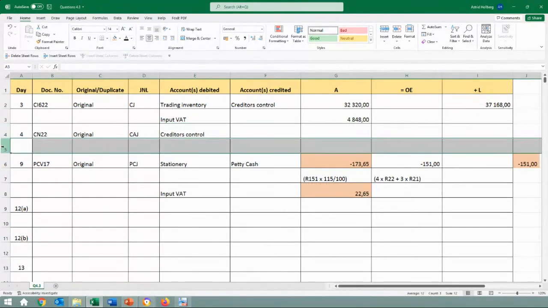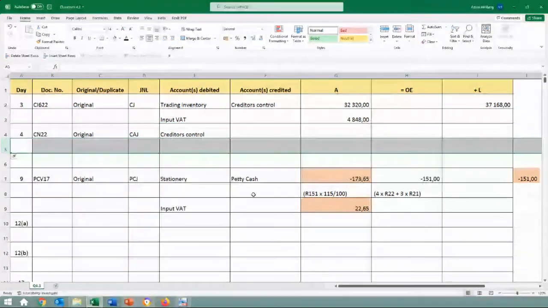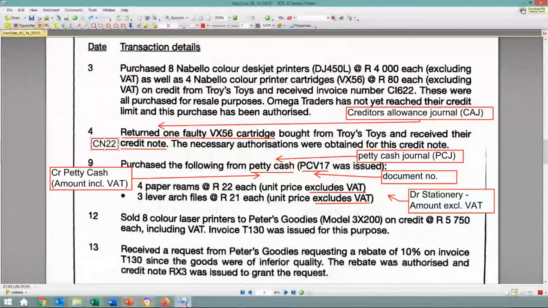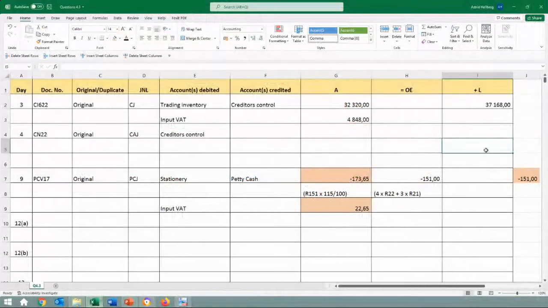Going to add a line here so we can do the calculation for you guys. Okay, so let's quickly see what the information was again. Let me just open the PDF. Okay, so we returned one faulty cartridge, and the cartridge was 80 Rand each, excluding VAT.